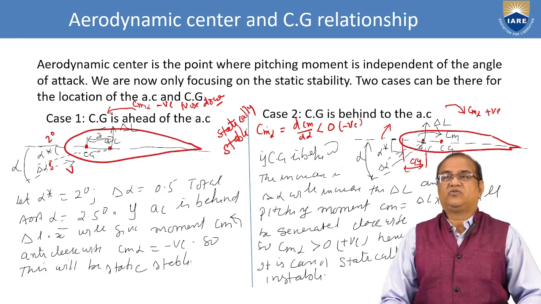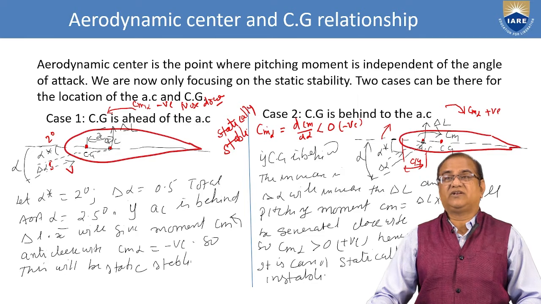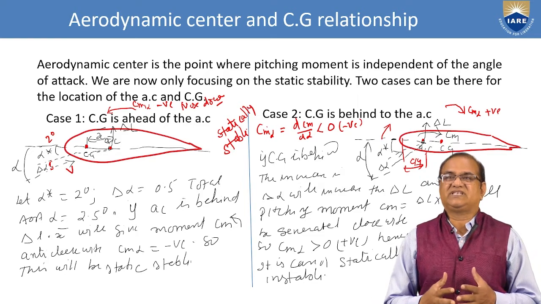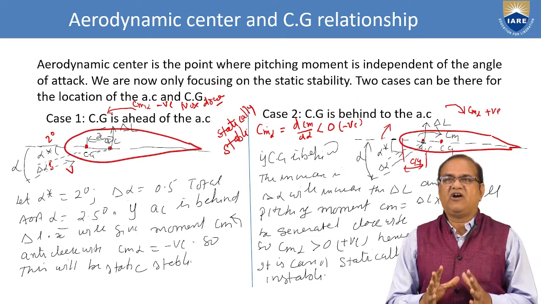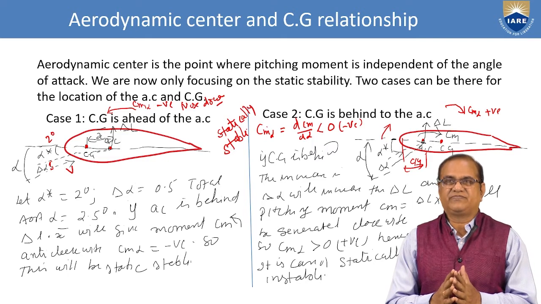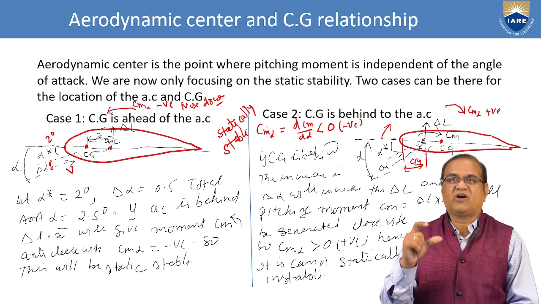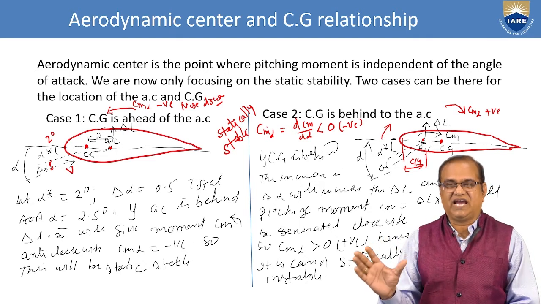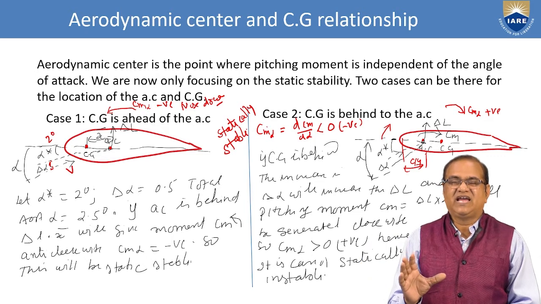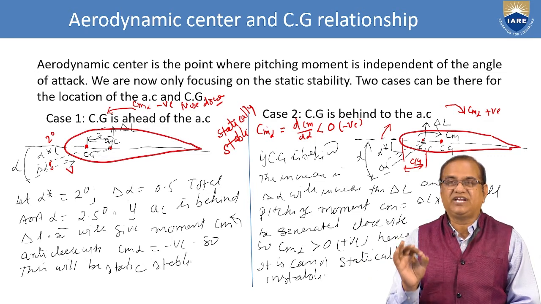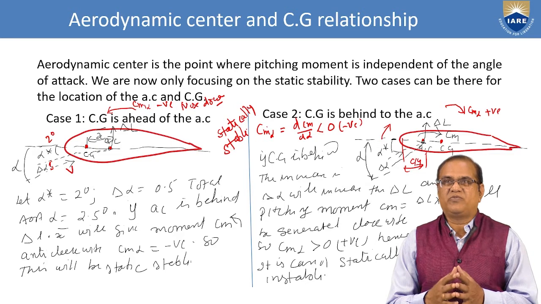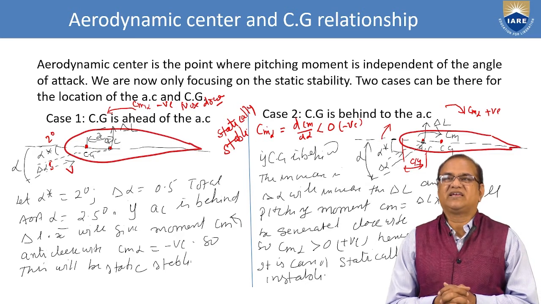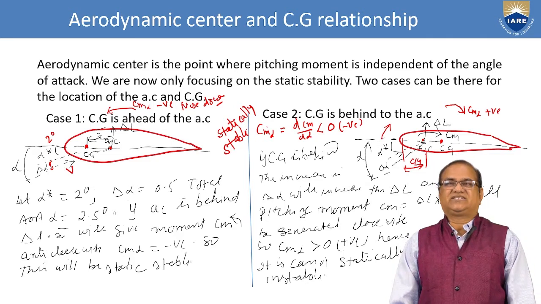So anytime you want to assess whether an aircraft is statically stable or not, we have to find dCm, the change in coefficient of moment, divided by the change in angle of attack, and if you get a negative result or slope, then it is a statically stable case.